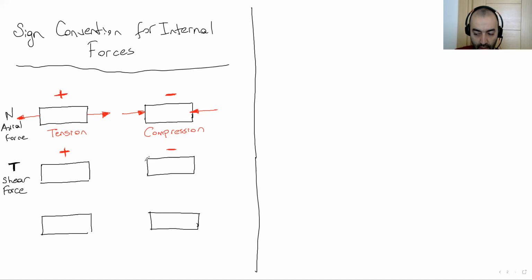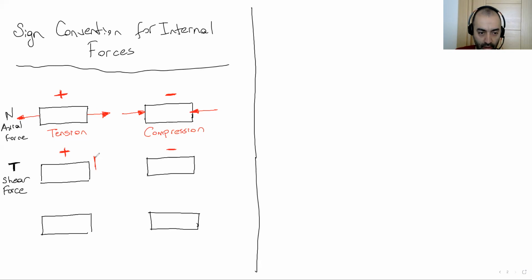Here, there's a trick: it depends on our cut direction. We will see in the examples. I'm just gonna show you the positive directions.